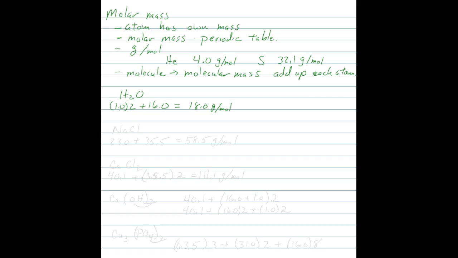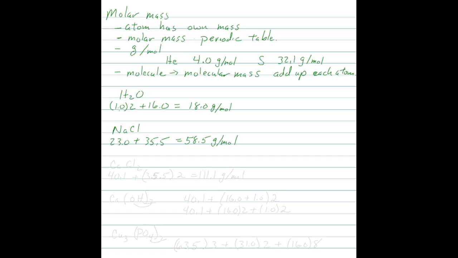Sodium chloride, 23.0 plus 35.5 adds up to be 58.5 grams per mole.